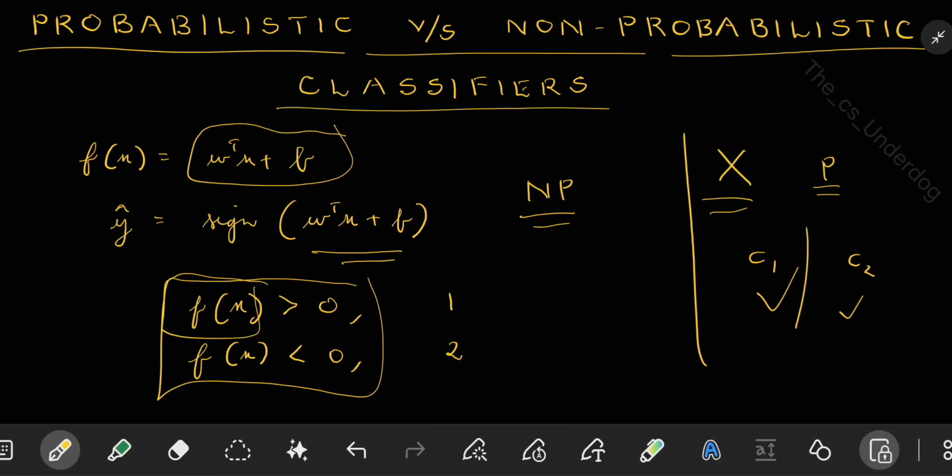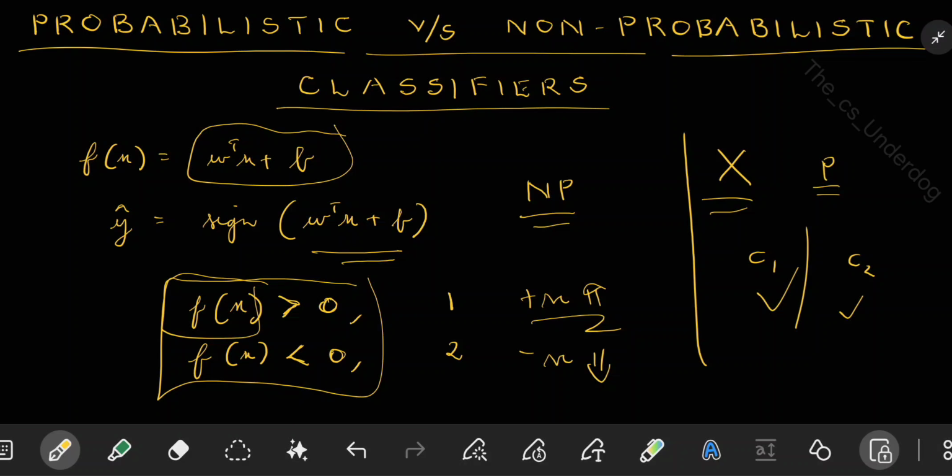If I'm saying greater than 0 is class 1 and less than 0 is class 2, then if it is very largely positive, there is a high probability that this is class 1 itself. And if it is very negative, then you can say confidently this is negative. That is true. But the point is, this magnitude is not a calibrated probability. It is simply a magnitude which can be a distance from margin or something like that.